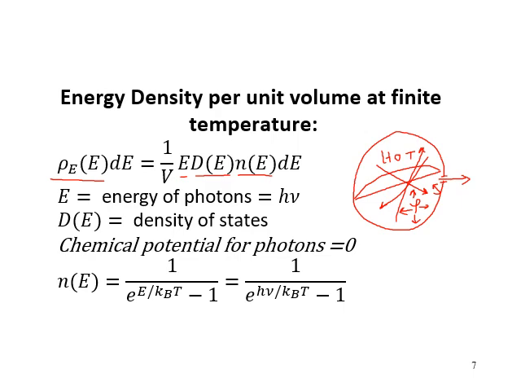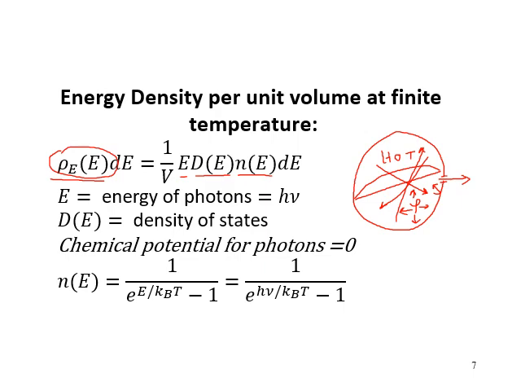So our energy density, because we're measuring an energy density per unit volume, is the energy of the photons at a particular energy, density of states at that energy, occupation function at that energy.